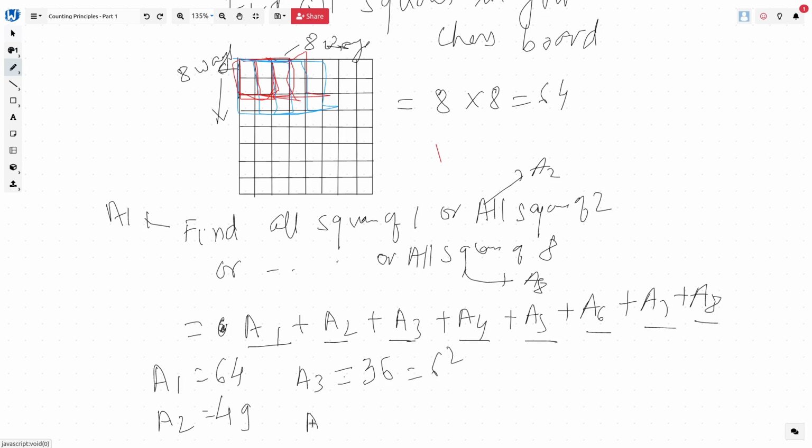Similarly we can assert, it's up to you to find out, there are 5 square ways of finding the squares of 4 and so forth. So A8 will finally be 1.